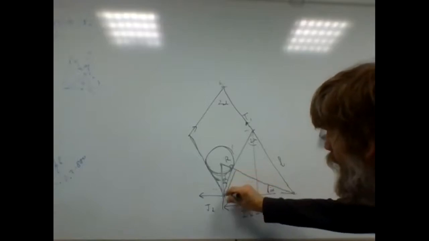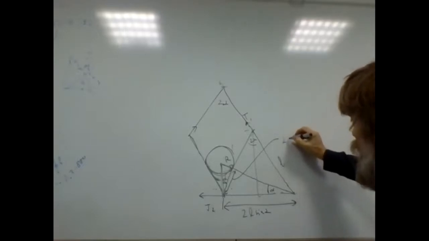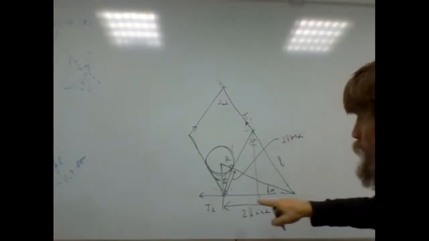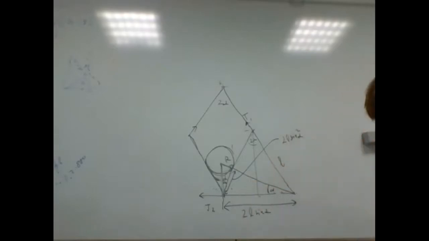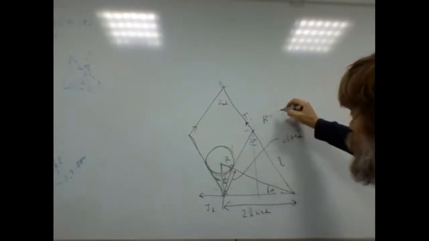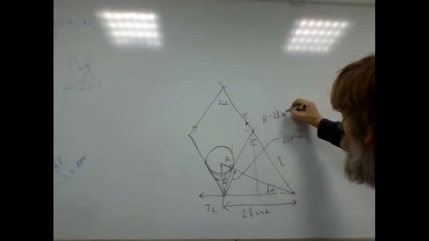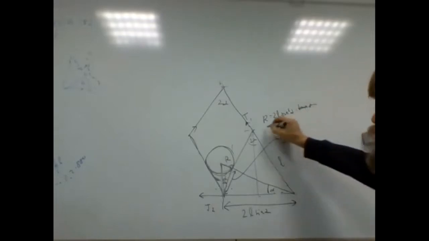And then this side here, because of that, is 2L sine alpha multiplied by, once again, sine alpha, so sine squared alpha. Then the radius R, in this triangle, equals 2L sine squared alpha multiplied by tangent alpha. And that is the answer.